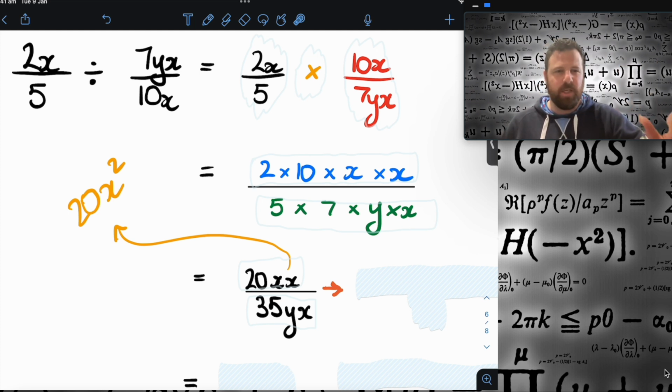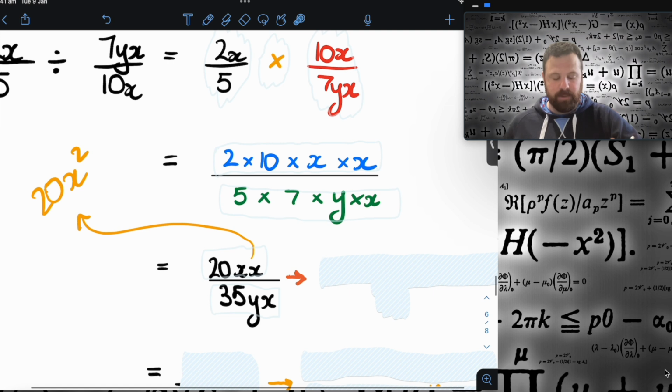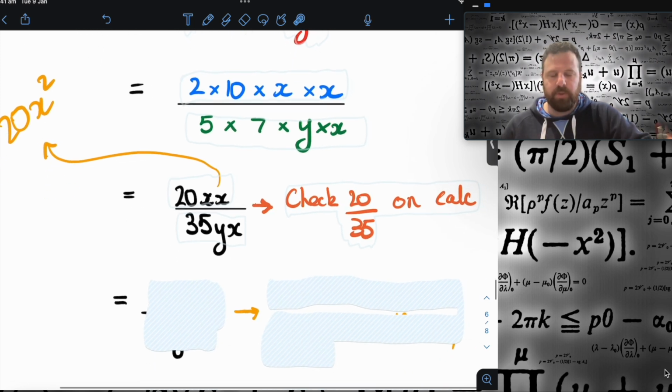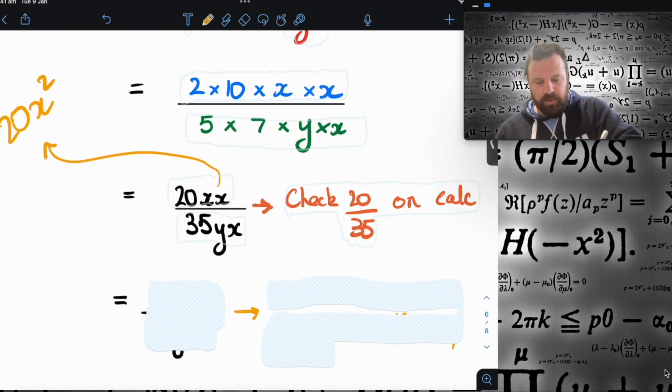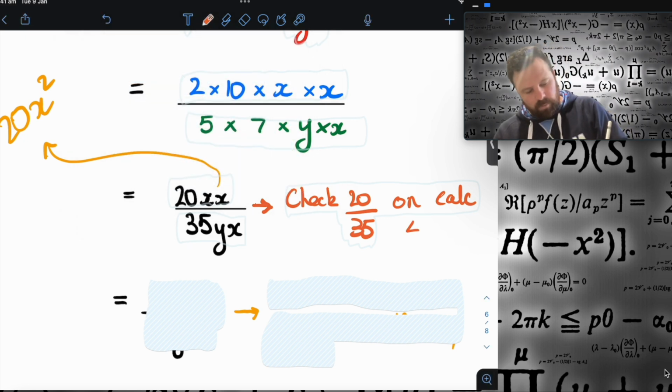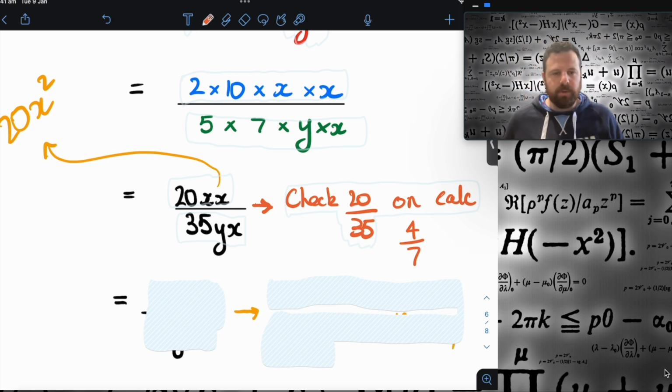Now at this stage, you grab your calculator out, and I want you to type the fraction 20 over 35 to see if the numbers can simplify. When we check 20 over 35 on our calculator, we end up getting the result 4 on 7. So instead of using 20 over 35, we're now going to use 4 over 7. That's going to be the numbers in our fraction.